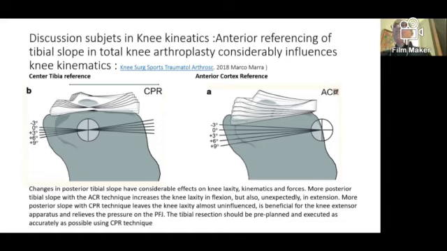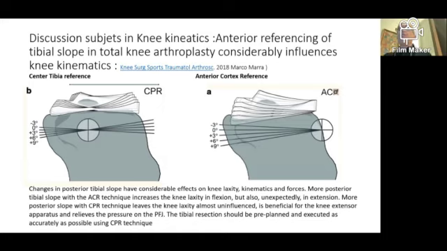We have demonstrated in a study in 2018 by Marco Mara in Knee Surgery and Sports Traumatology that the reference of the center of the tibial plateau is much more accurate than if you take references in the anterior cortex. Your references should be in the center, and this is to calculate your tibial slope. Then changes in posterior tibial slope have considerable effect on knee laxity, kinematics, forces. More posterior tibial slope with the anterior cortex references technique increases the knee laxity in flexion, and also in extension.